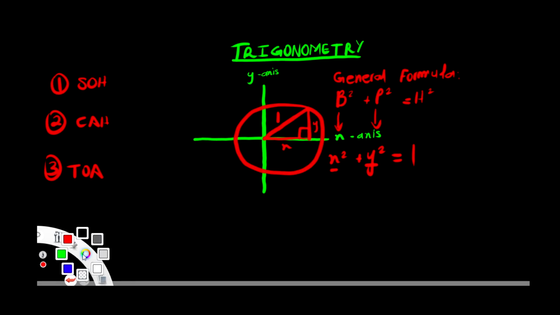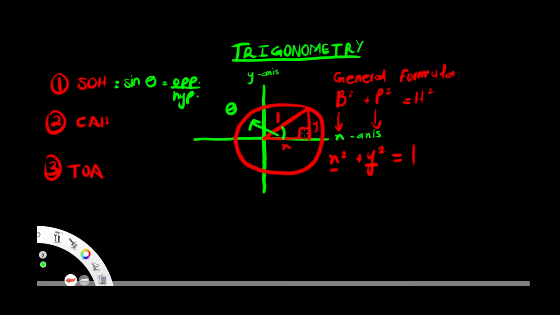So let's say we are given some angle theta, and for those of you who do not know, SO stands for sine theta equals opposite over the hypotenuse.